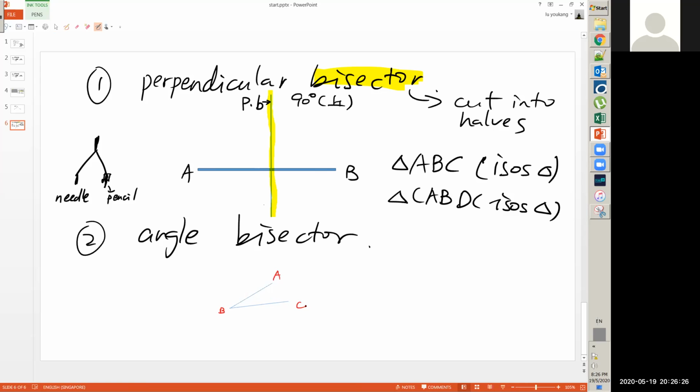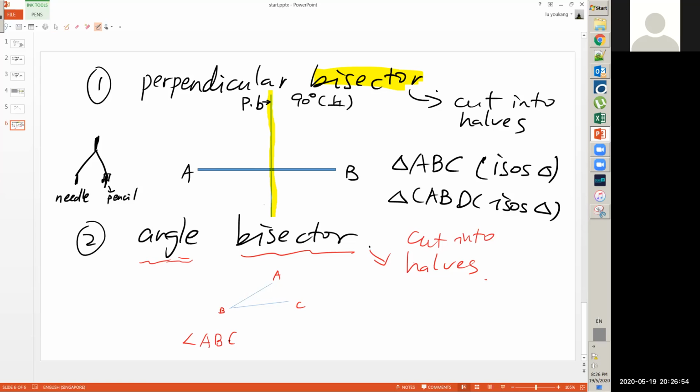Angle basically refers to just an angle. Bisector means half it, or cut into half. So basically, if you have this angle ABC, you need to cut this angle ABC into halves.